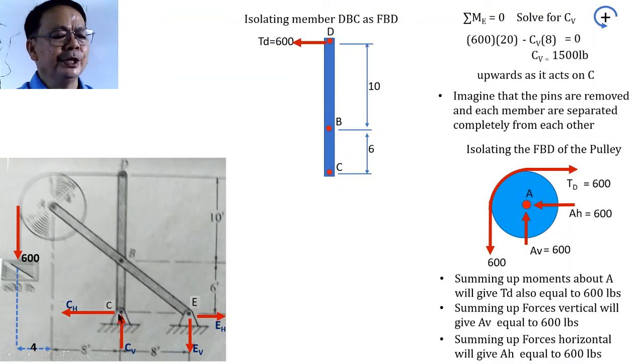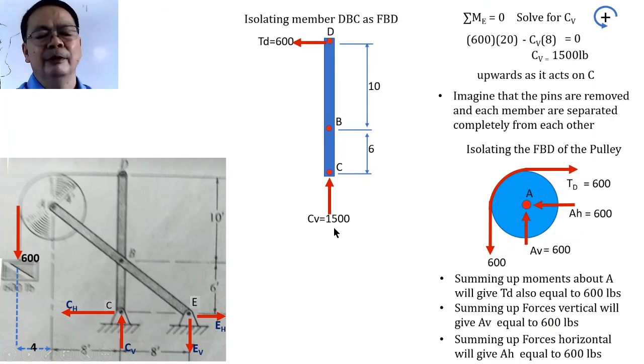Similarly, at this point C, we already have the vertical component of the reaction at C, which is already computed to be this value. So we have to show the force exerted by the support at C, and the magnitude is given as 1,500.